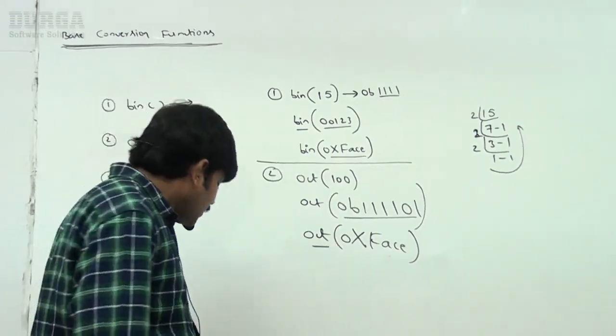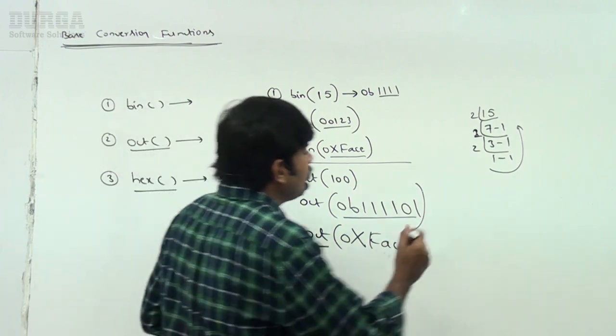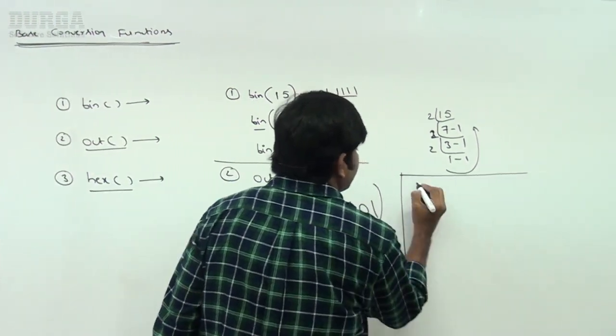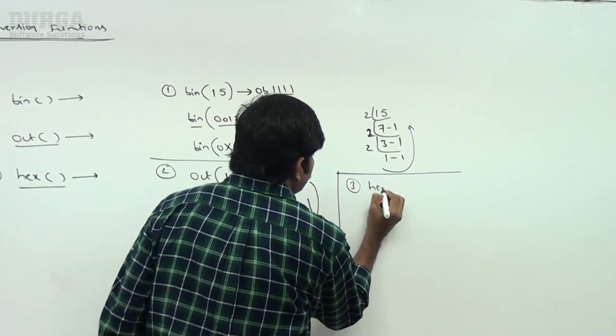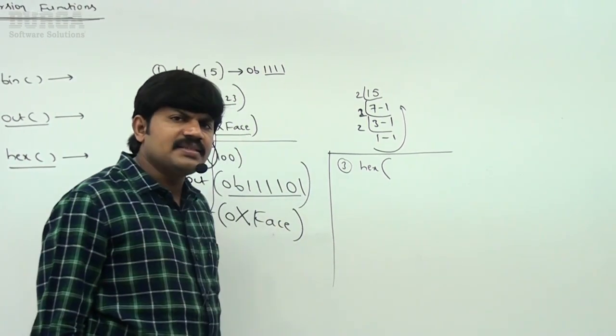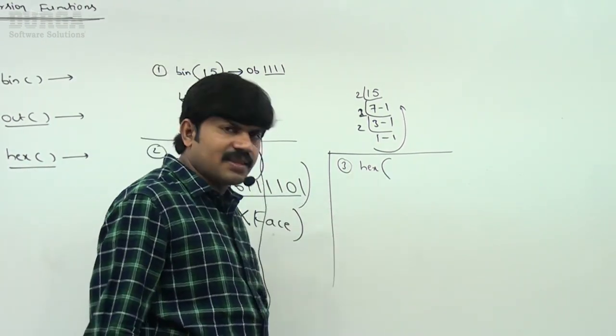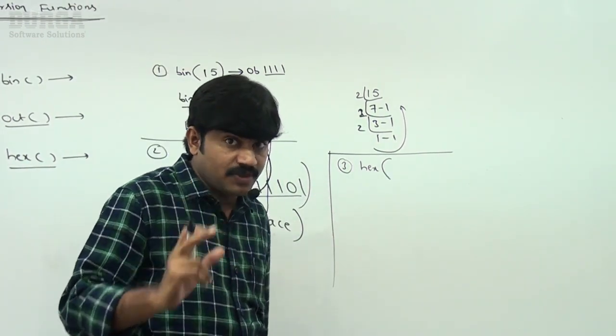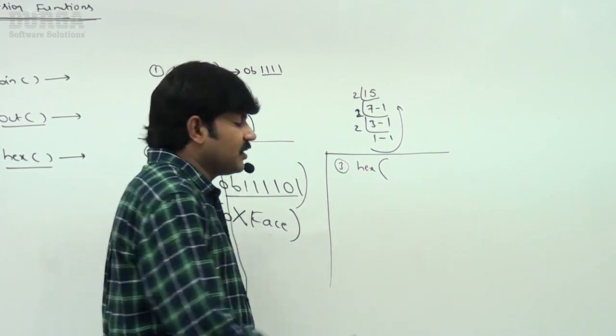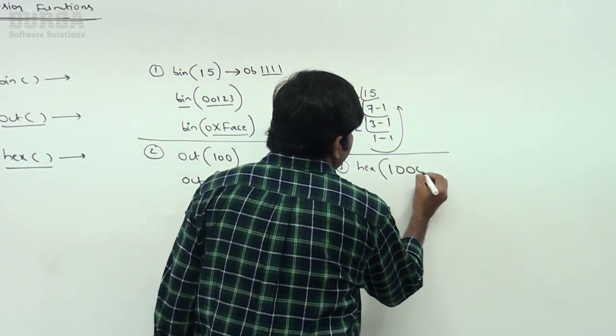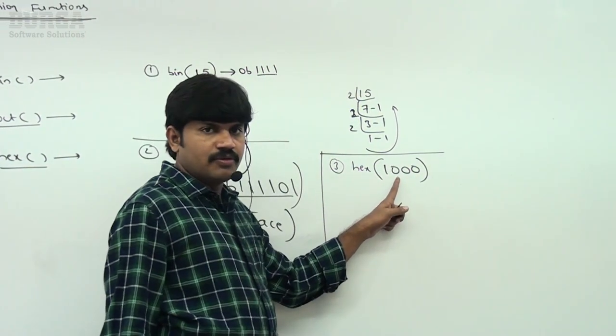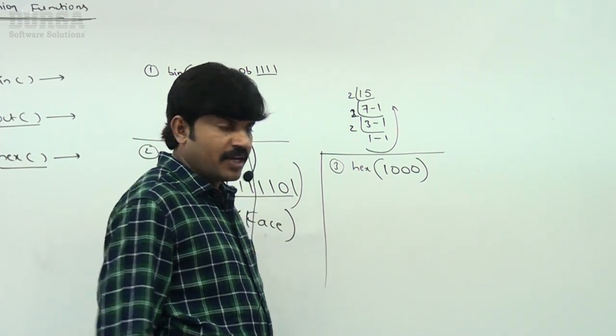Okay, what is next? The hex function. For the given number in any other base, if you want to get a hexadecimal number, then we need to go for hex. I have 1000, a decimal value. I want to know the equivalent hexadecimal value.